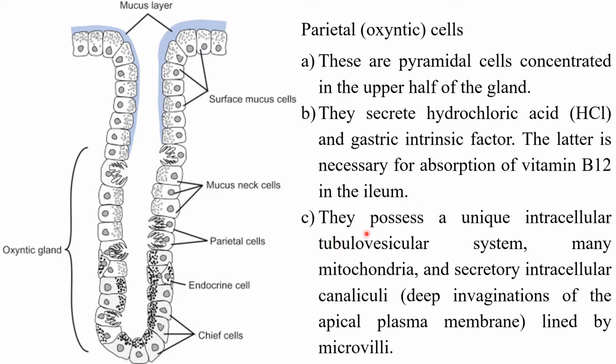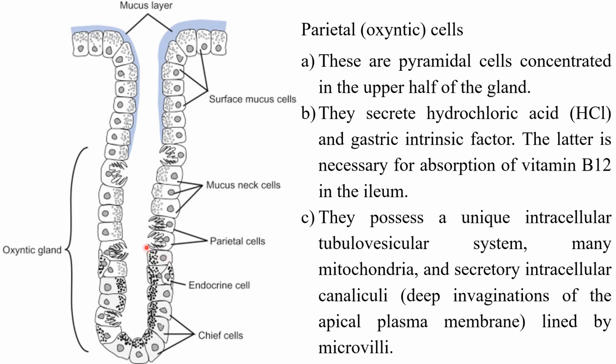These parietal cells possess a unique intracellular tubulovesicular system, many mitochondria and secretory intracellular canaliculi. These canaliculi are deep invaginations of the apical plasma membrane lined by microvilli.